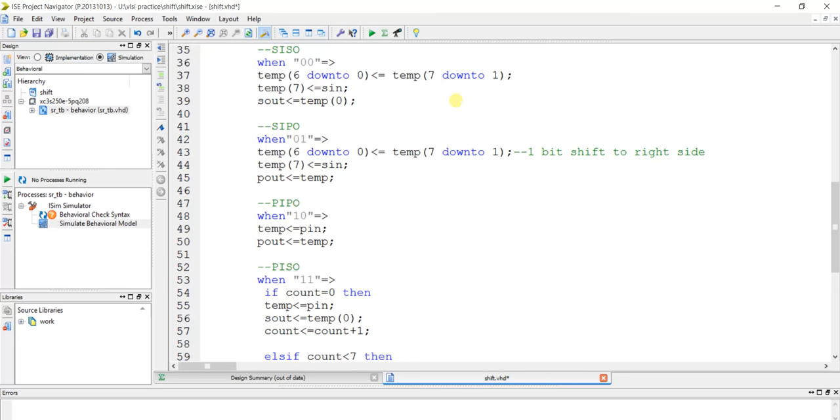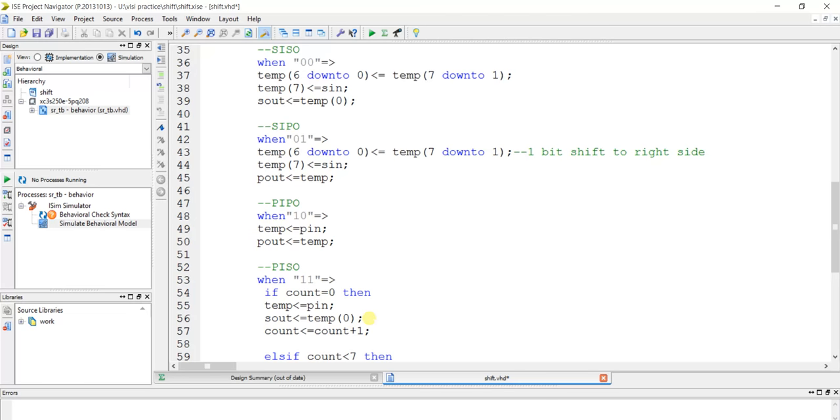I have taken the serial output and I have incremented count by 1 so that this condition will not be executed again, because if I had not included this condition, every time the parallel input would be loaded in temp and every time you would get the same 0th position output, which would be the same bit.